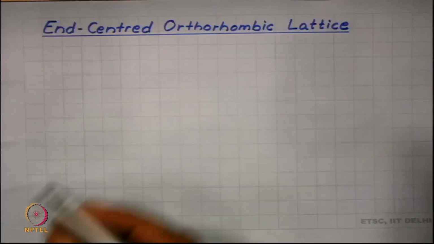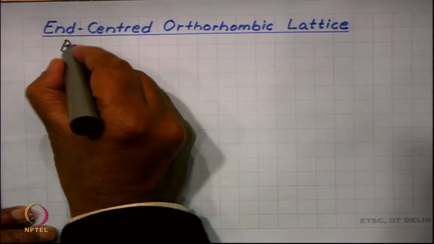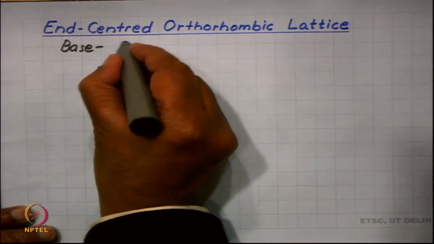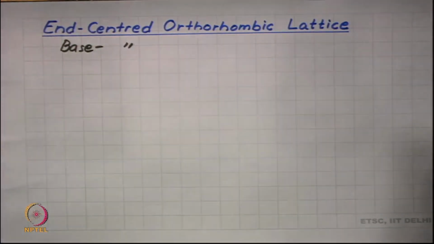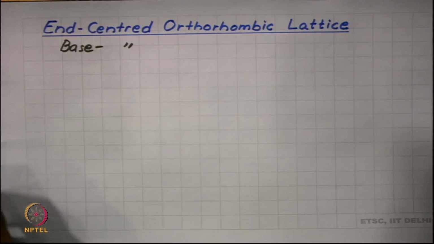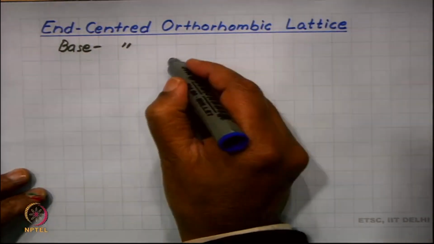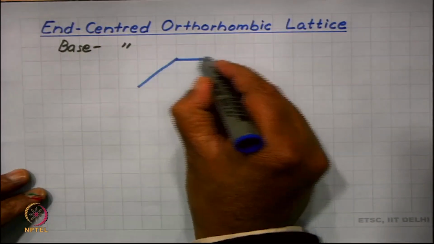Cubic system does not have end centered, or as we said, can be called base centered also, but orthorhombic has. So, let us look at the example of base centered in an orthorhombic.